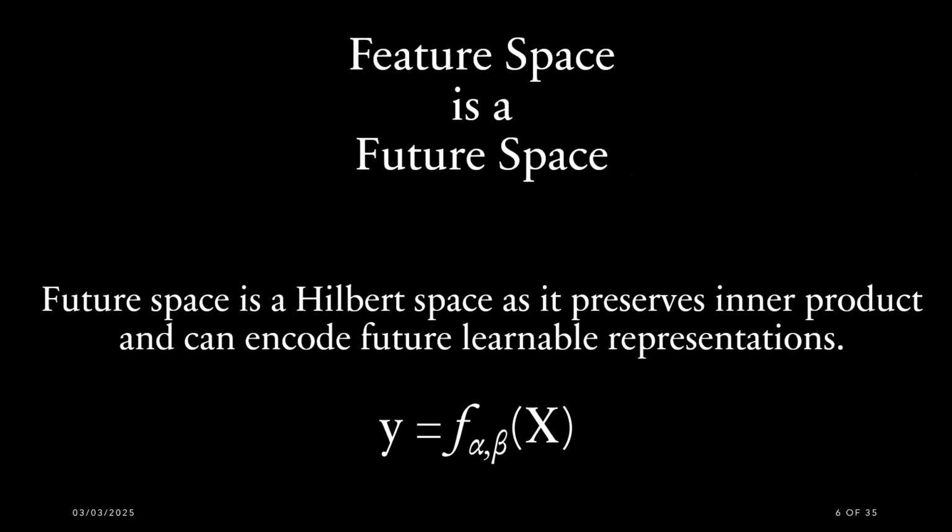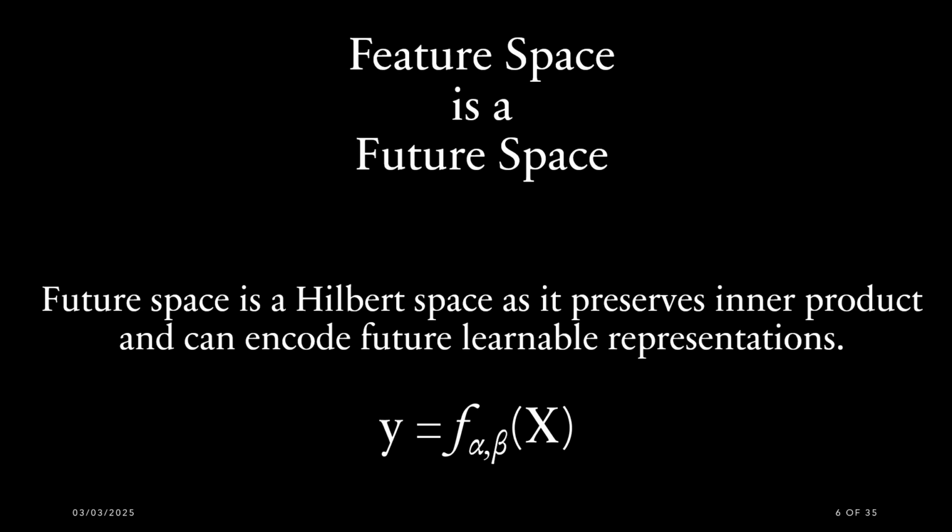So, the feature space. Because we are talking about the features, we need to construct the feature space. Currently in data science, we construct feature spaces as a collection of feature vectors. But the thing is, can it be used as a feature space? Of course, it is a feature space, but it has to be futuristic. In other words, can we encode that into a future learnable representation?